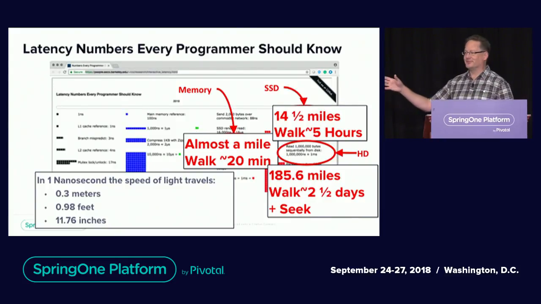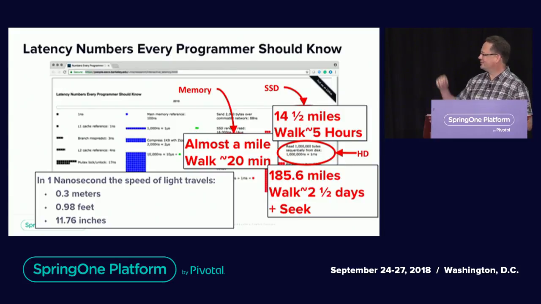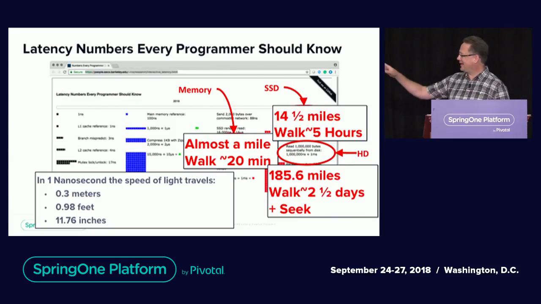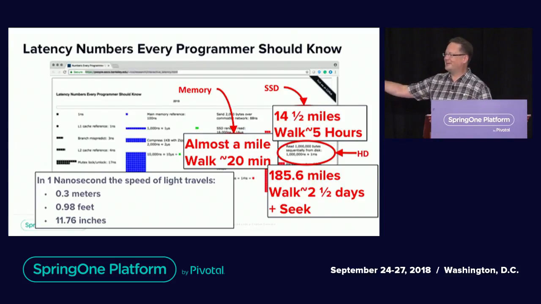It's about 12 inches, or 11.76. I can walk a mile in about 20 minutes, and that's how long it would take me to write to memory. Writing that same amount to SSD would be about 5 hours. And writing to a spinning hard drive, a couple of days.